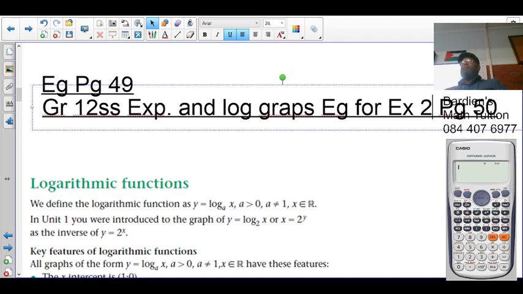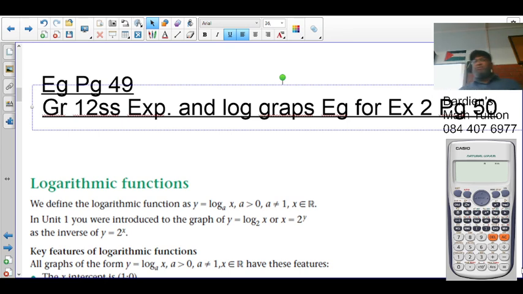Because sometimes we test you on parabolas and its inverses, then you get a log. Or we test it on straight line graphs and then you land up with a log. The only time your function becomes an inverse for a log is when you are busy with exponential functions. Okay, you guys understand?